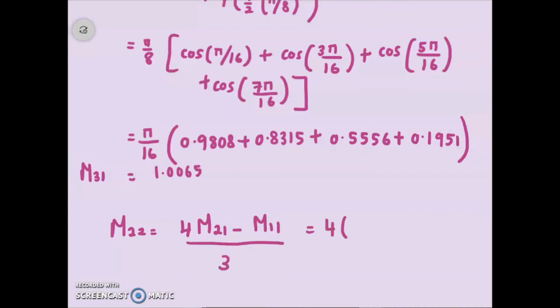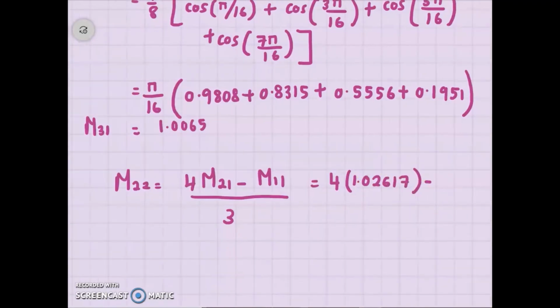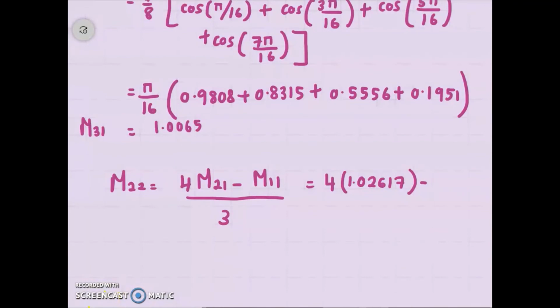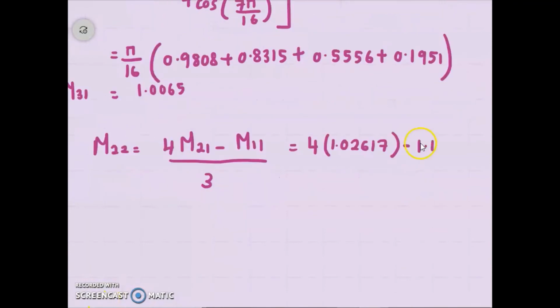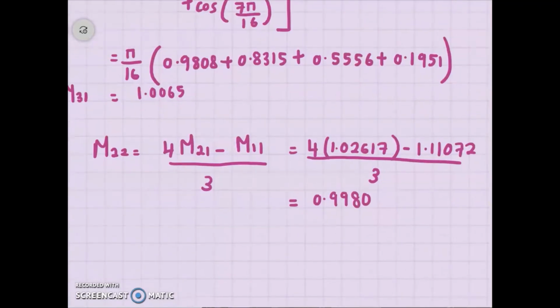We have obtained M21 earlier on, 1.02617, minus M11, which is 1.11072. Using your calculator, you will have 0.9980. That is for M22.